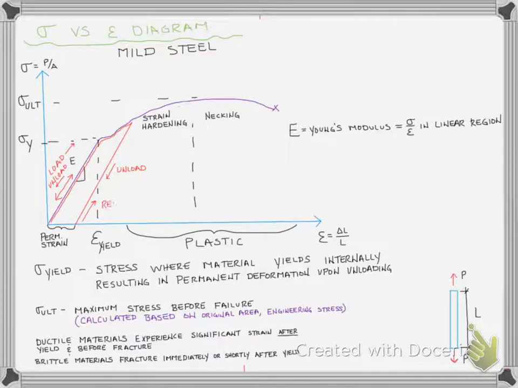And when you reload from the point where you unloaded with that permanent deformation, you can actually see you go higher up the stress strain curve along the elastic slope upon reloading. All right, but you're always loading and unloading along that Young's modulus curve, that stiffness curve.